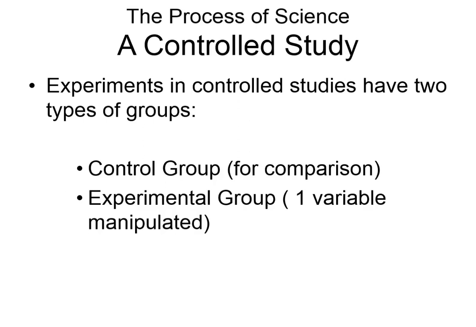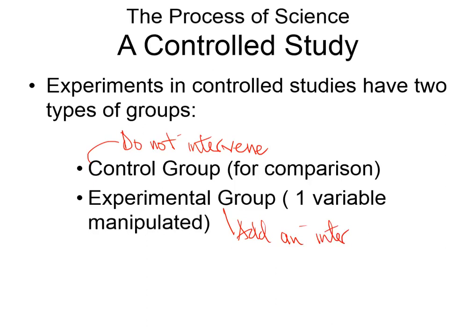You have a control group that is for comparison. So you do not intervene in this group. You do not do anything to them. Then you have experimental group where you add an intervention.